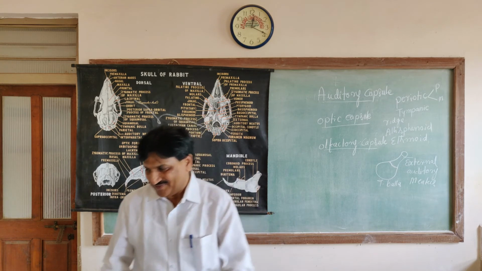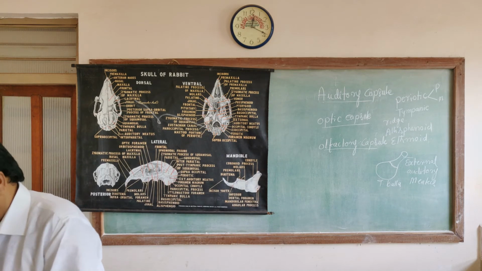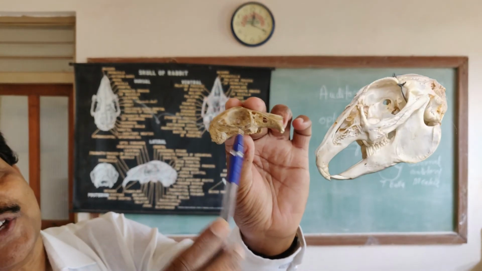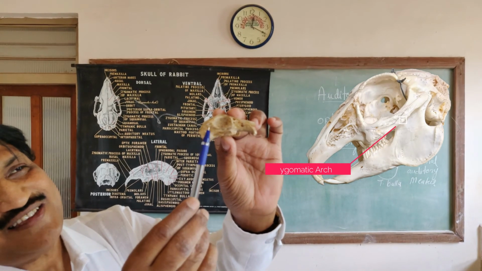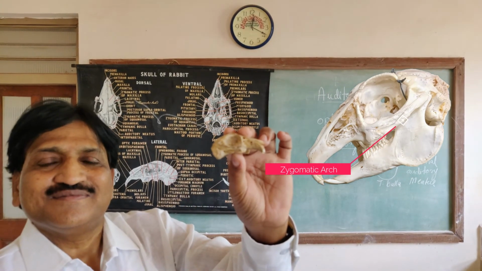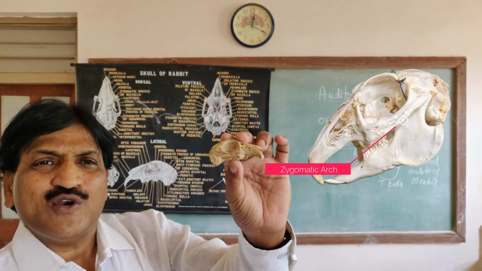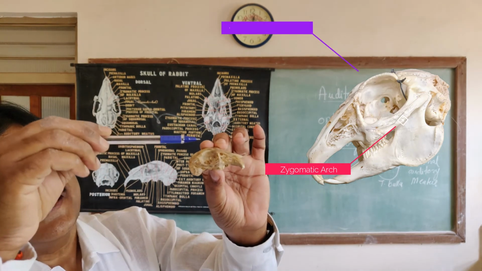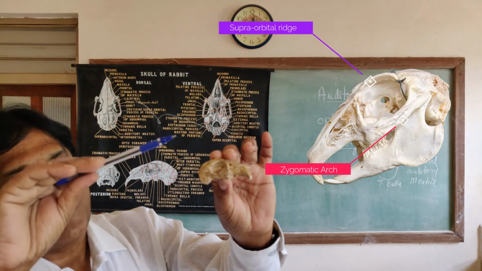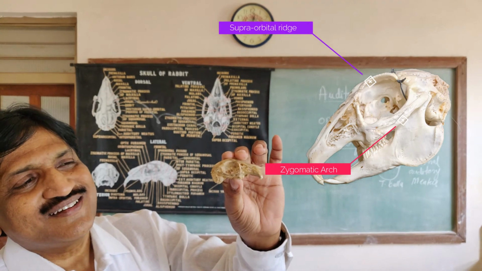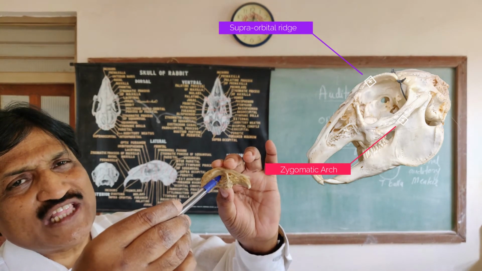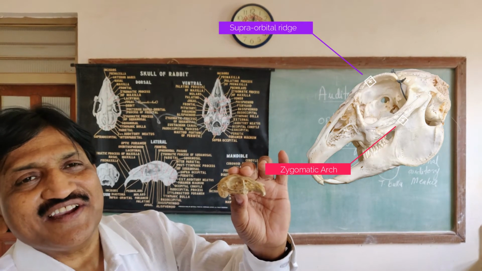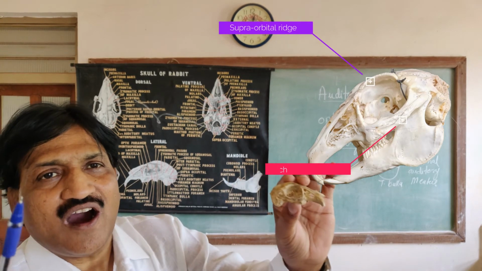The outer side of the optic capsule is guarded by the zygomatic arch. What bones are present? The supraorbital ridges over the optic capsule; the inner side having the ethmoid bone as well as the alisphenoid bone; and the lateral side having the zygomatic arch.